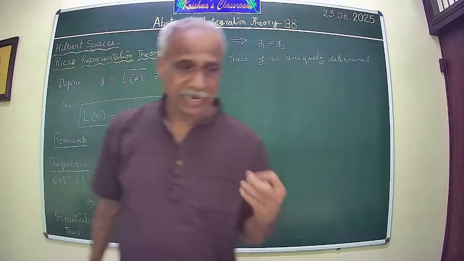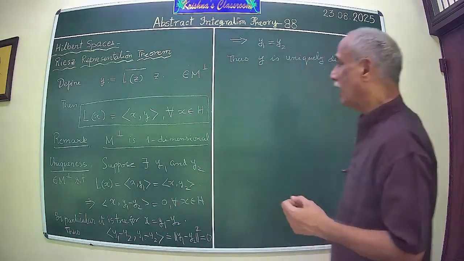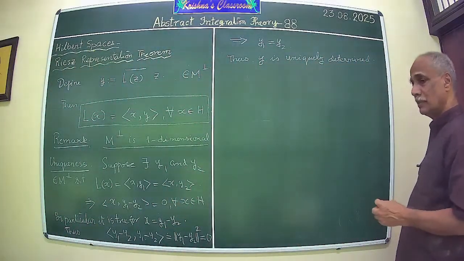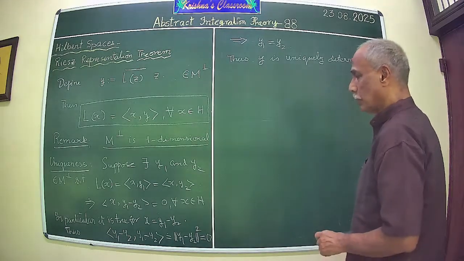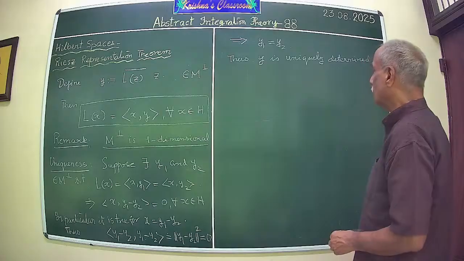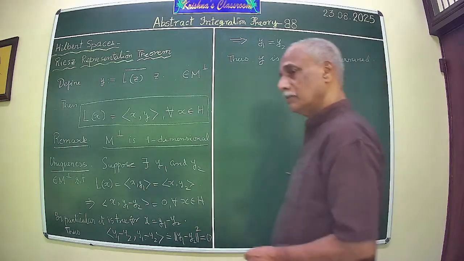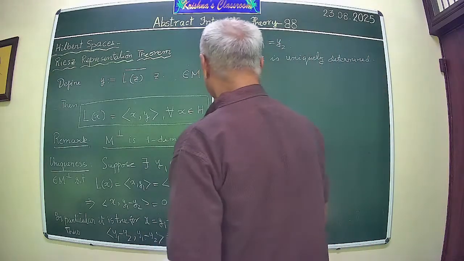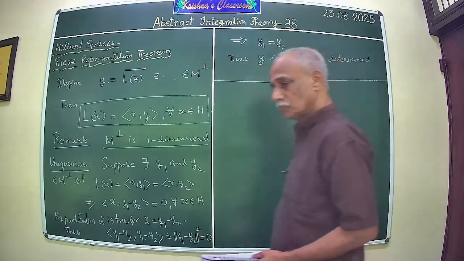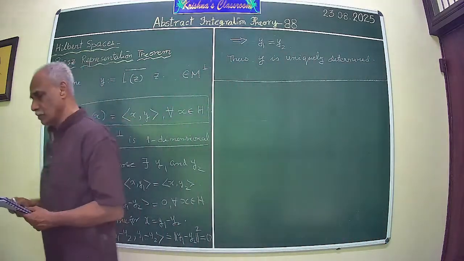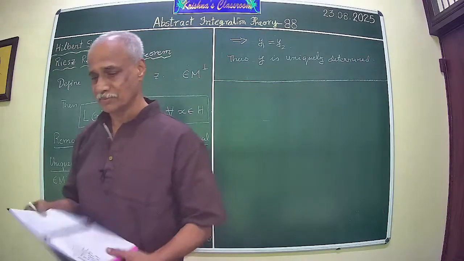If L is not identically 0, then there exists a unique vector y with the property that Lx is the inner product of x with y for every x. Now this is the representation. Thank you very much. We complete here.